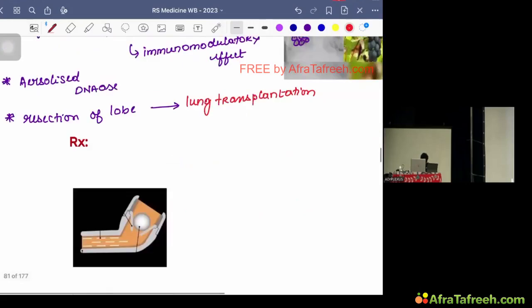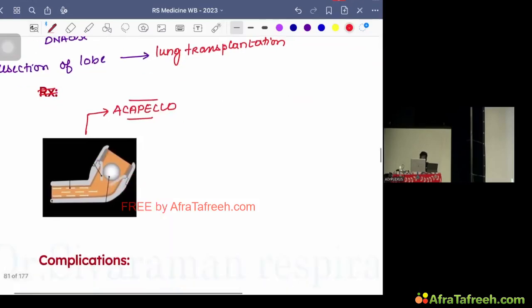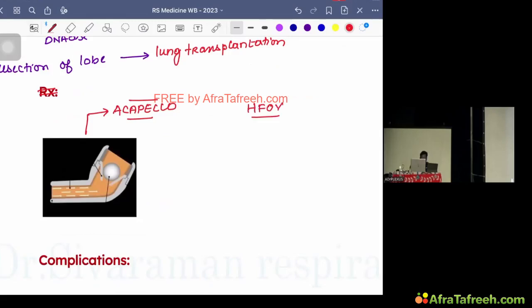Then you have another instrument which is used bedside, called Acapella. You have another method of draining the secretion called HFOV. What is HFOV? High frequency oscillatory vest.